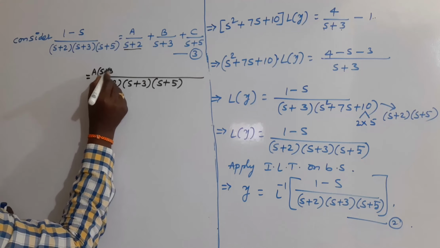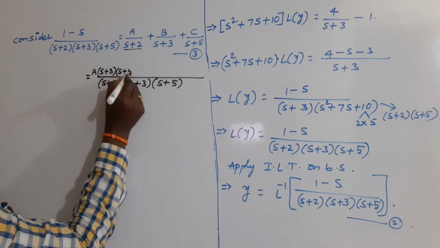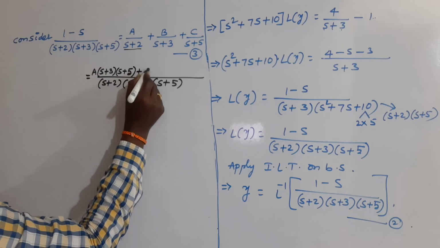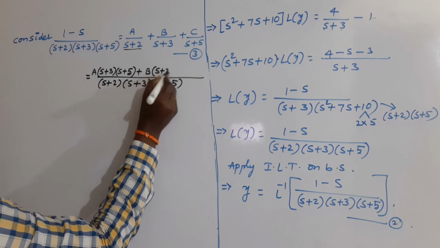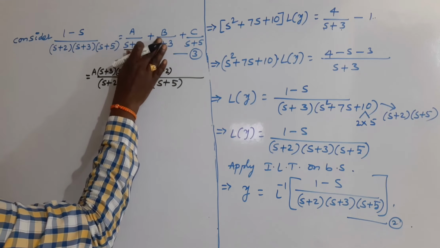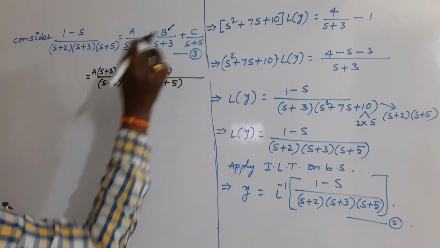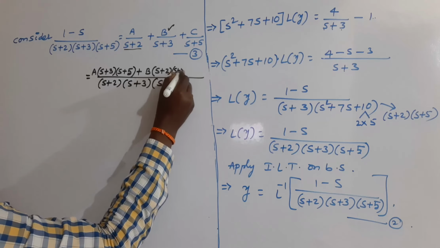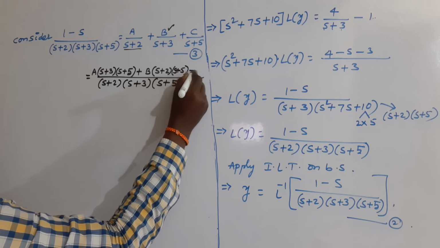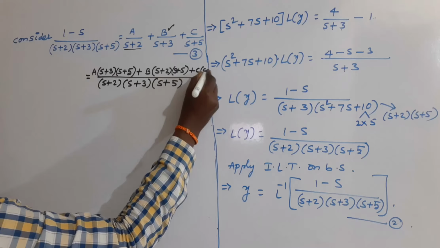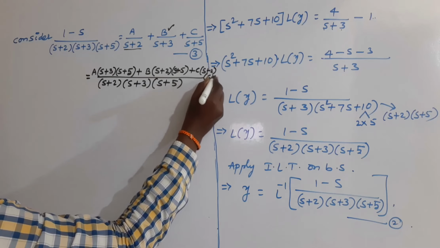So s plus 3 into s plus 5, plus B into s plus 2, already s plus 3 is there, so we multiply the numerator B with the different factors s plus 2 into s plus 5, plus C into s plus 2 into s plus 3.